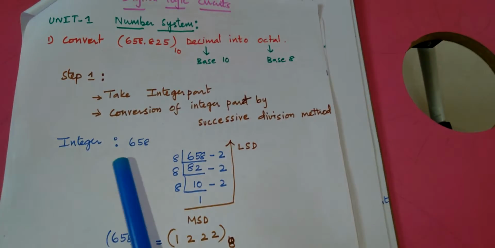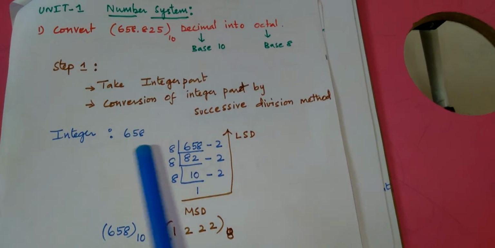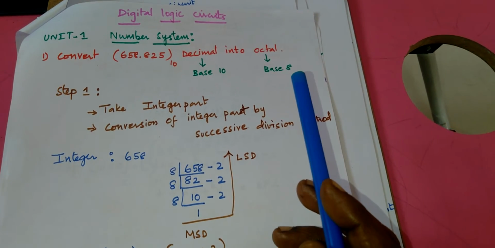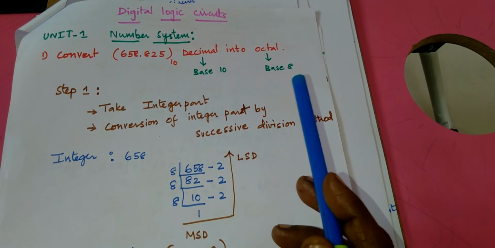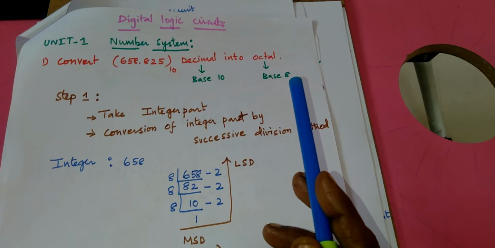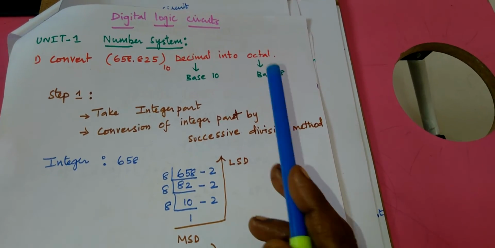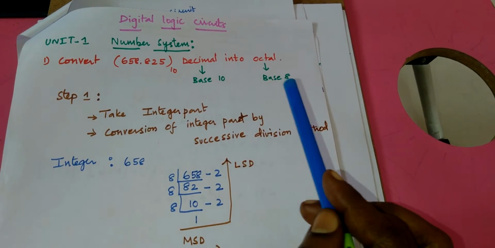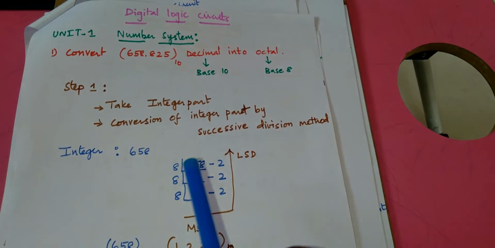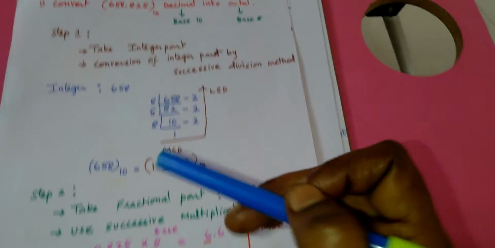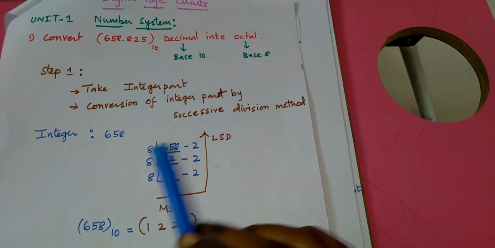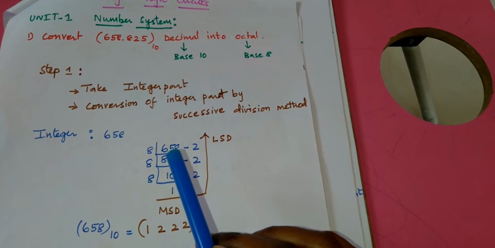The same process has to be followed in this conversion also, but the only difference is the divider, which differs according to the conversion. Here, for decimal to octal conversion, the octal base is 8, so 8 will be used for dividing and for multiplication also. Take the integer number and use the successive division method.